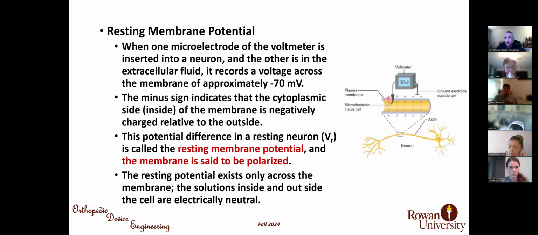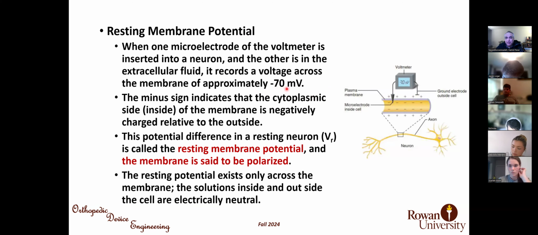But just across the membrane, very close to the membrane, there is an imbalance between the distribution of sodium and potassium ions on both sides. So outside the membrane is positive, inside the membrane is negative. And if we measure this difference in potential across the membrane, it is minus 70 millivolts, with negative charges inside and positive charges outside.